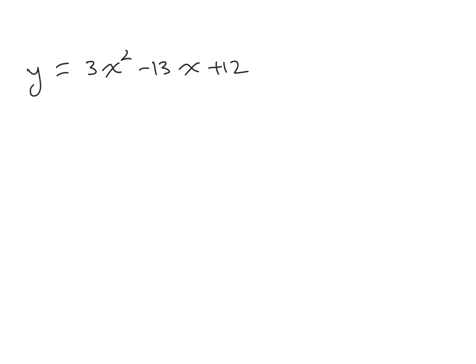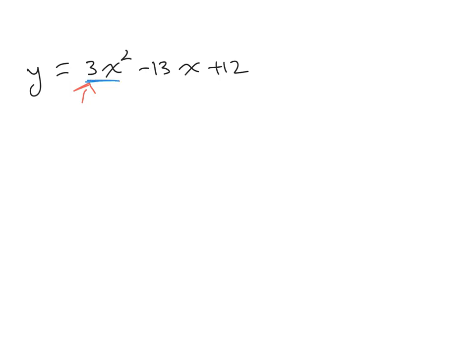So here again we have the equation of a parabola in standard form, 3x squared minus 13x plus 12. But now the factoring is not as easy because this coefficient on the x squared is not 1. It's bigger than 1. So first thing we're looking at, can we factor out 3 from each of our three terms?